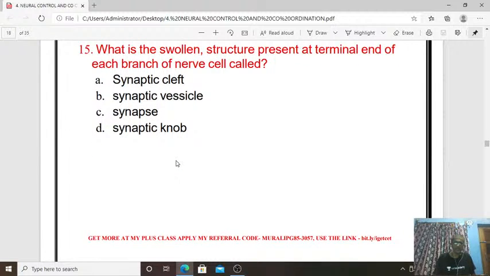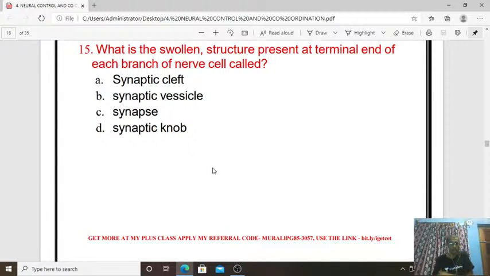15th one. What is the small structure present at the terminal end of each branch of nerve cell called? Next question, my dear students, 15th question. It is nothing but the synaptic knob, where synaptic vesicles are present. It is a button shaped structure present at the end of the telodendria.